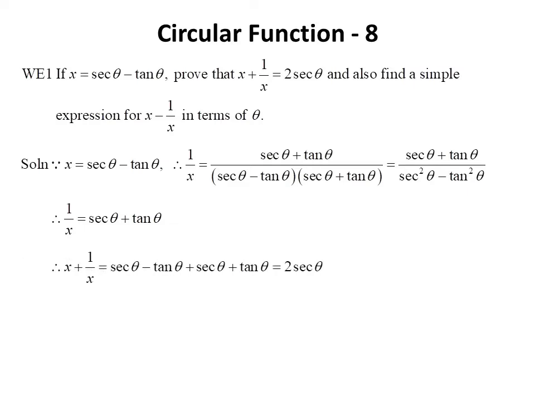Hence, x plus its reciprocal equals secant theta minus tangent theta plus secant theta plus tangent theta, which equals 2 secant theta as required. Accordingly, x minus its reciprocal equals secant theta minus tangent theta minus secant theta minus tangent theta, which equals negative 2 tangent theta.